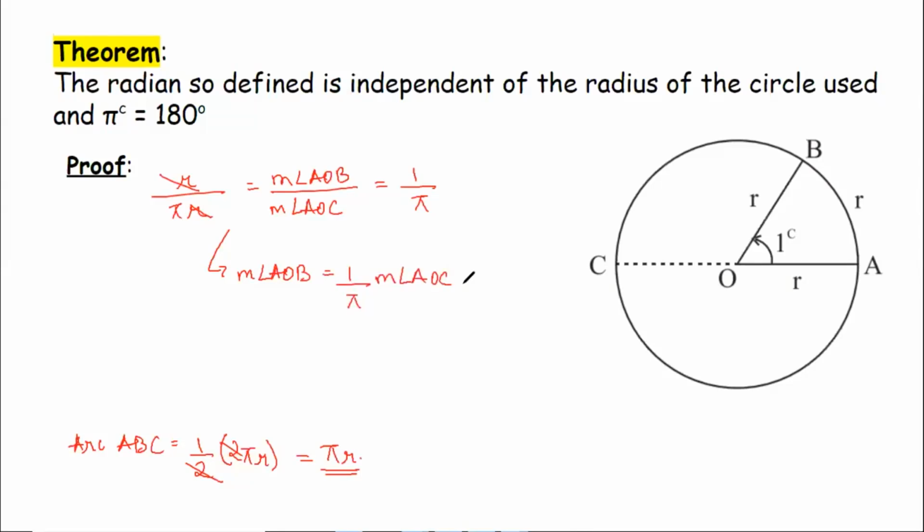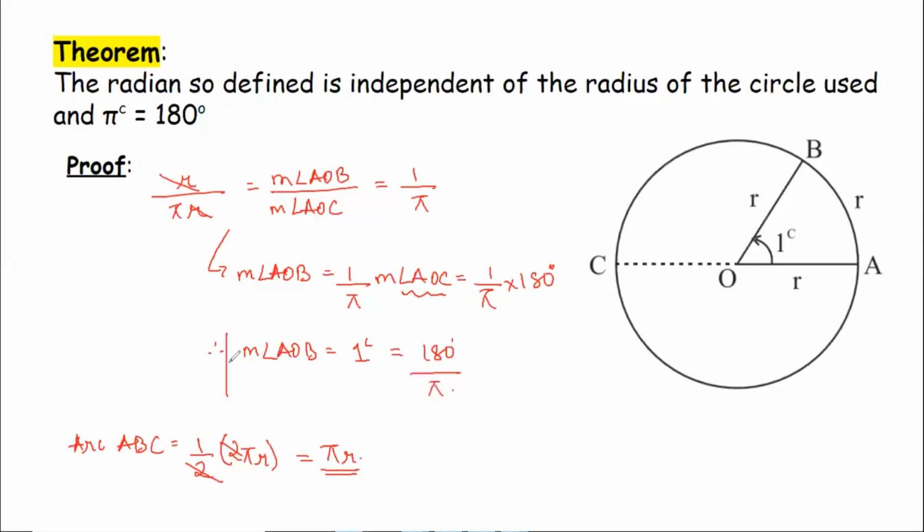Okay, now measure angle AOC, as we discussed earlier, is equal to 180 degree. So in place of measure angle AOC, we put 180 degree. Therefore, we get measure angle AOB, which is actually equal to 1 radian as per the definition of radian measurement, is equal to 180 degree divided by pi.